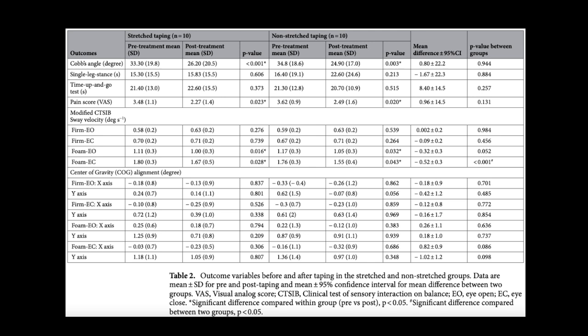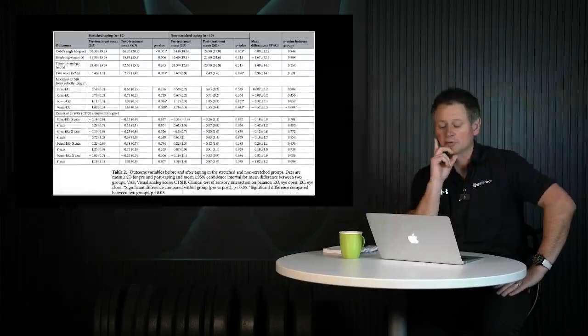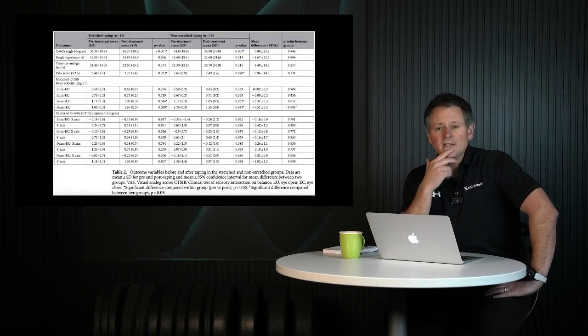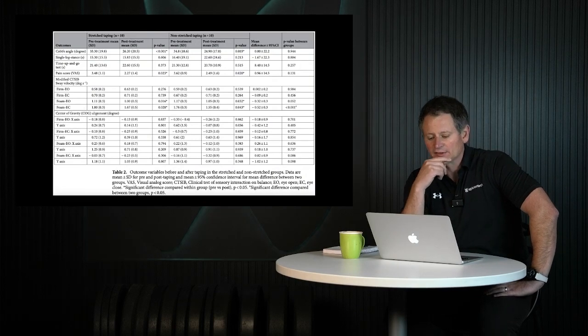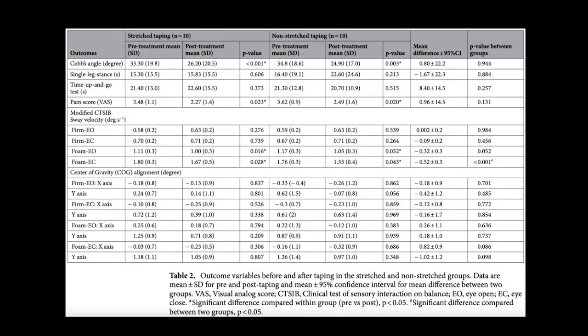interestingly, the no stretch tape group actually did better than the stretch tape group did in terms of the Cobb angle. I would have thought that wouldn't have been the case, to be honest. I would have thought that the benefit of the stretch tape would have been that it just pulled you into this position, but that's interesting. In terms of one-legged stance, the no stretch tape did better.